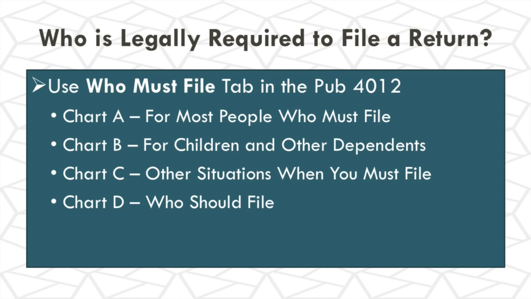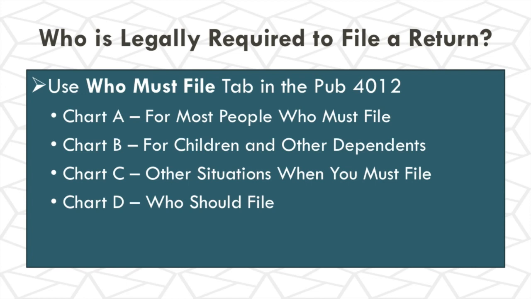In order to use this chart, you'll need to predetermine the taxpayer's filing status as well as an estimate of their gross income and their age. As you can see in Chart A, for most filing statuses, there are two different income thresholds. The first is for taxpayers under 65, and the second is for taxpayers over 65. Taxpayers who are over 65 are going to have a higher threshold.